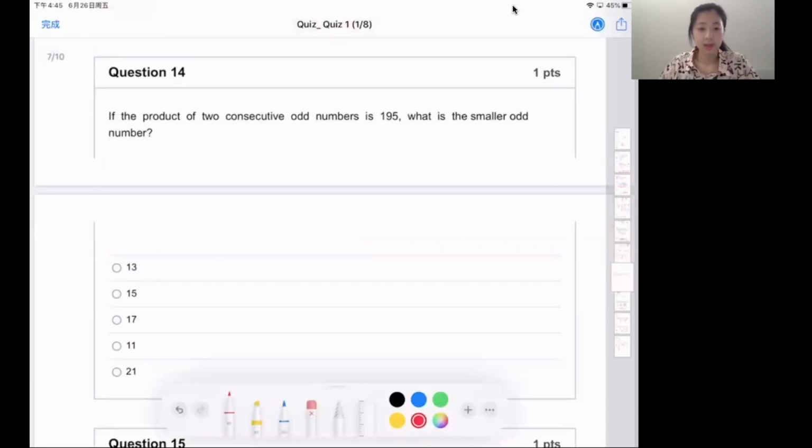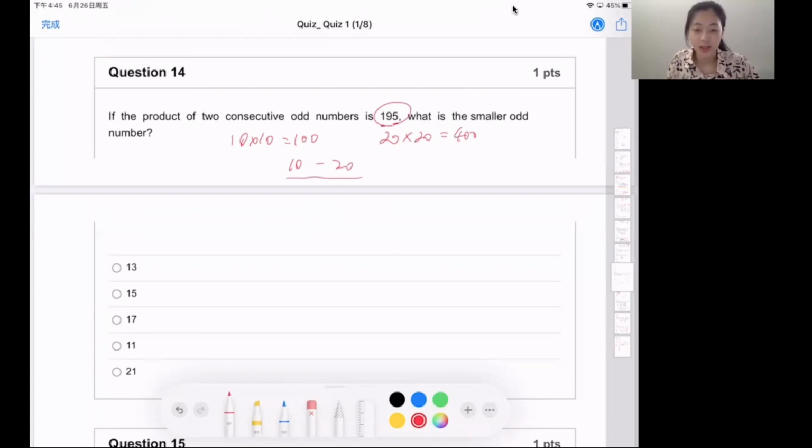If the product of two consecutive odd numbers is 195, what is the smaller odd number? How can we know this? Let's see. 10 times 10 equals 100, and 20 times 20 equals 400. So the number has to be between 10 and 20, right? And the last digit is 5, so the number has to end with 5.